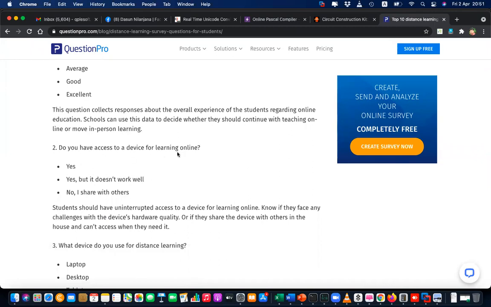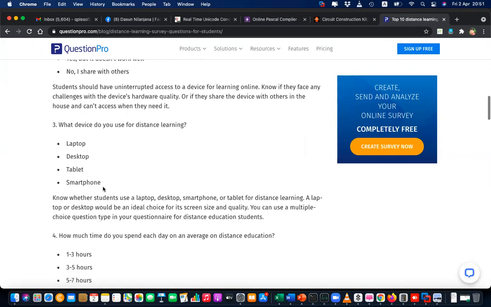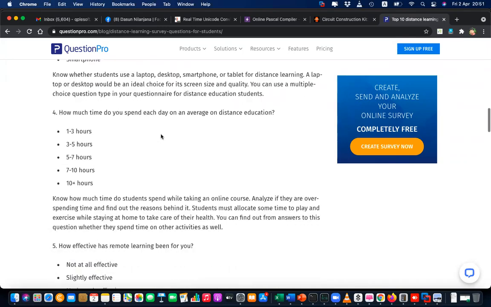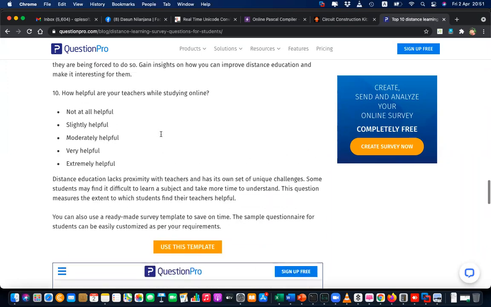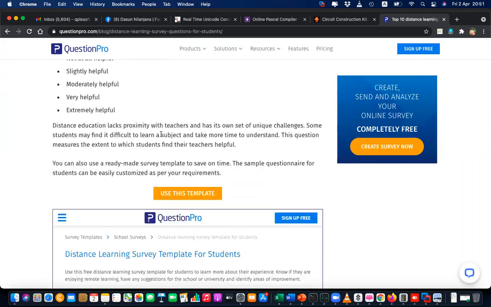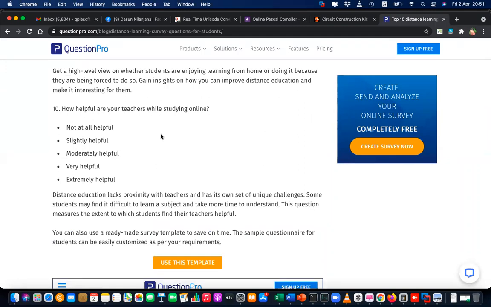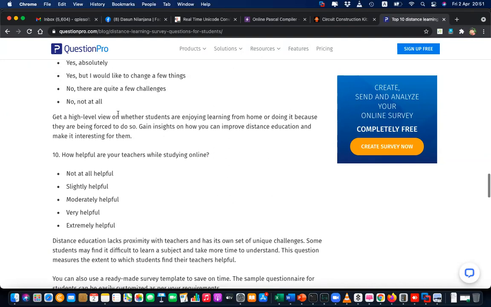Do you have access to a device for learning online? What device do you use for distance learning? Most of the things are selections, even zero open-ended questions. But in some cases you can ask some open-ended questions also, because when you have these choices, it is really easy to understand the requirement. But when you ask the user to write it down in open-ended form, there might be a lot of issues.